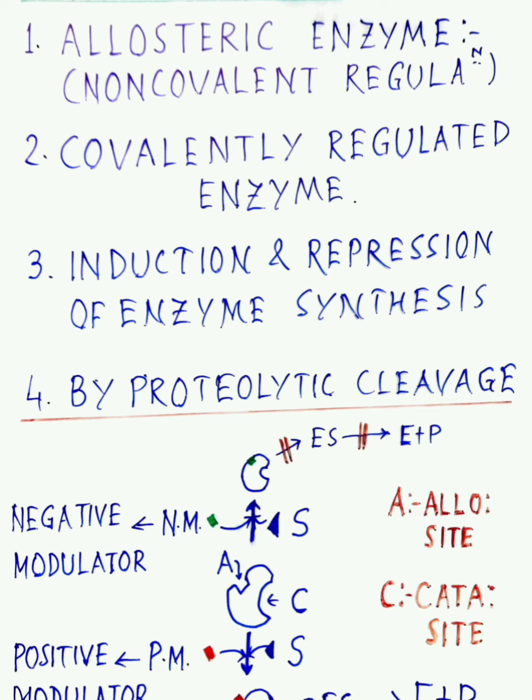Among zymogens of digestive enzymes that hydrolyze protein, some examples are: zymogen pepsinogen, active form pepsin, site of synthesis stomach. Chymotrypsinogen, zymogen, active form chymotrypsin, site of synthesis pancreas. Trypsinogen, that is the zymogen, active form is trypsin, site of synthesis pancreas, and like that.